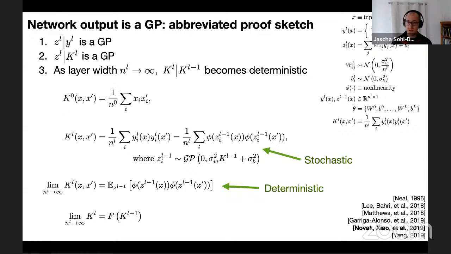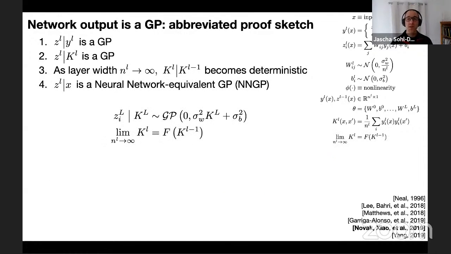And 2D integrals can typically be computed numerically. For instance, we have code that does this in the neural tangents library. Okay, so that was the hardest step, which is just showing that the covariance matrix at layer L becomes a deterministic function of the covariance matrix at layer L minus 1.